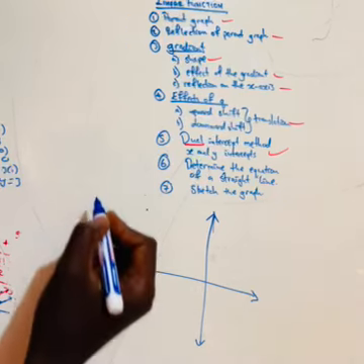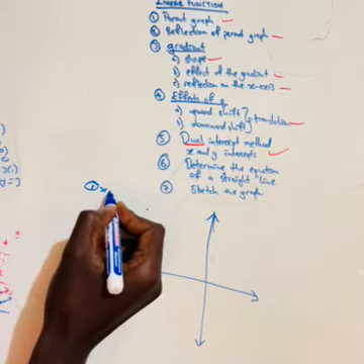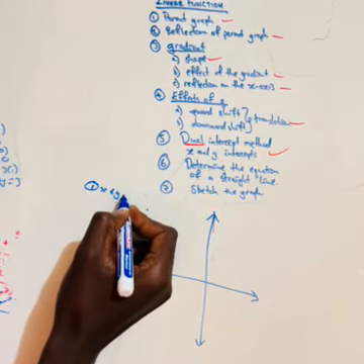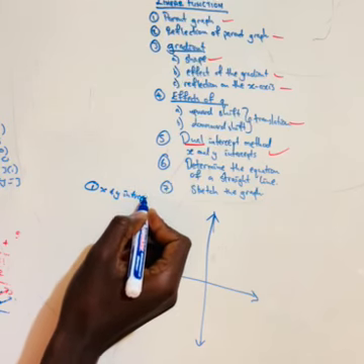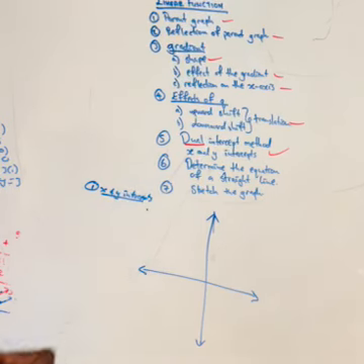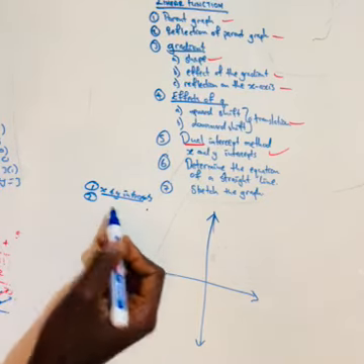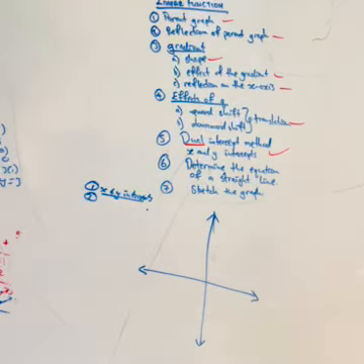Number 1, you must have x and y intercepts. If you know the gradient, you don't really show the gradient on the straight line. So it's not a lot of things that are required in order for you to sketch the graph of a straight line.